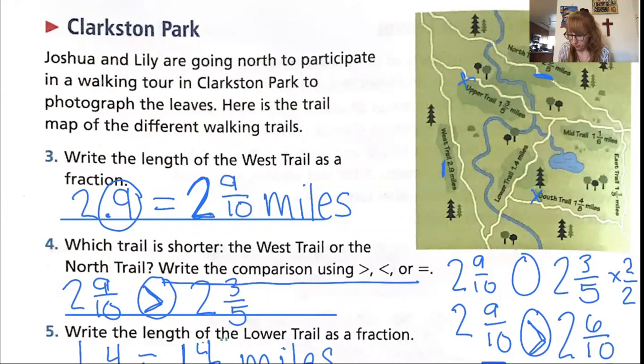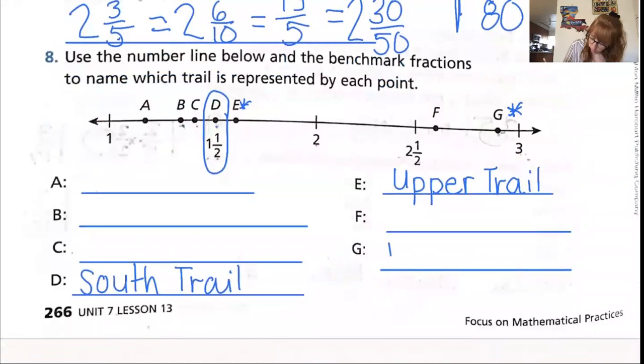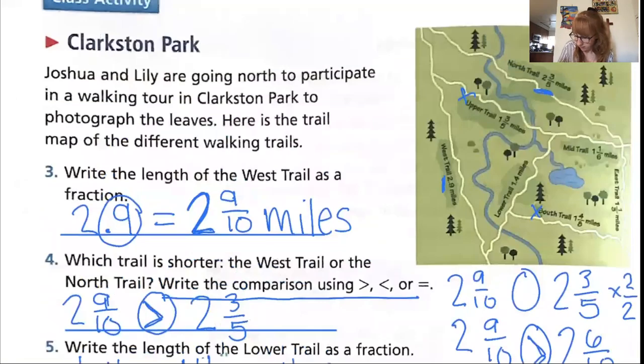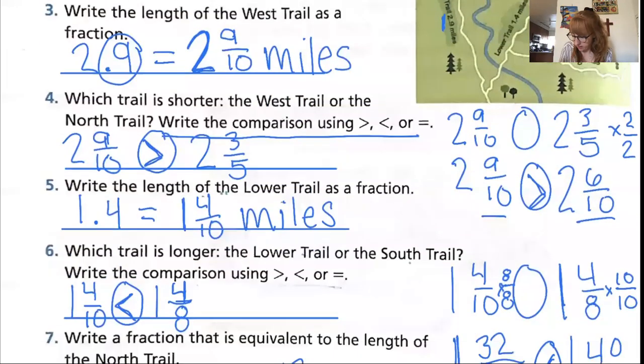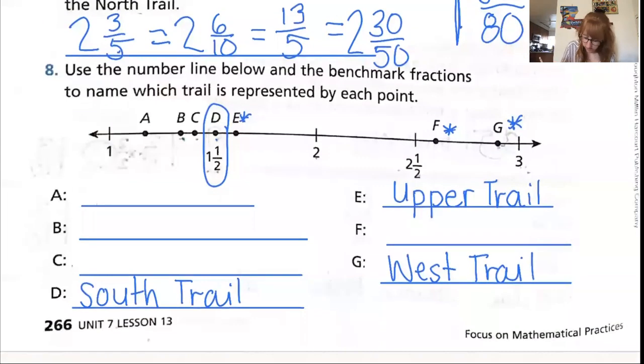And if you guess that the west trail is closer to 3, you're correct. The west trail, 2.9, is closer to 3 than 2 3/5. So we've used the west trail. So the north trail must be the last trail after 2, because that's the only other trail that is larger than 2.